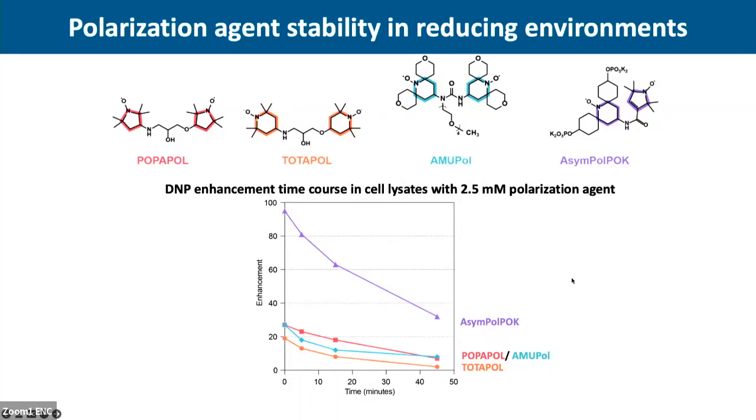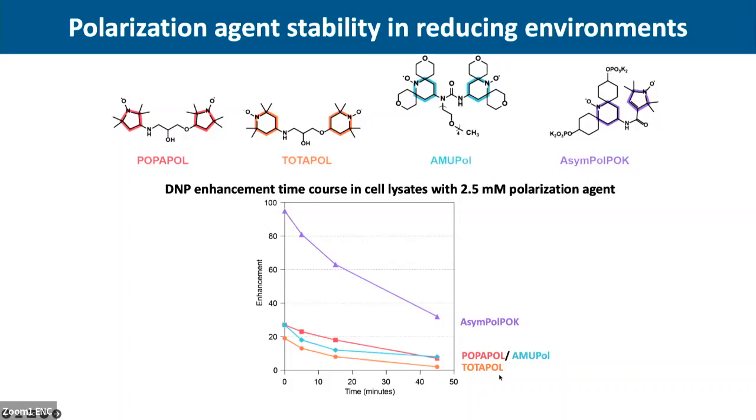And so it's not that asympole POC's rate of reduction is slower, it's as fast as popopole or even faster. However, because it starts with this much higher enhancement, even when it gets reduced by 50%, we still have enough in there to get good enhancement. At the same time, popopole, amupole, and totopole here really are very similar.